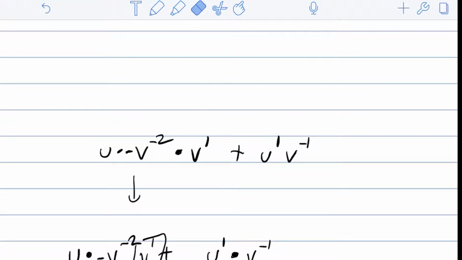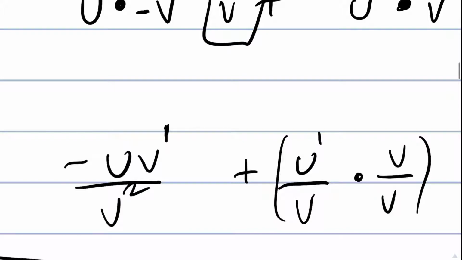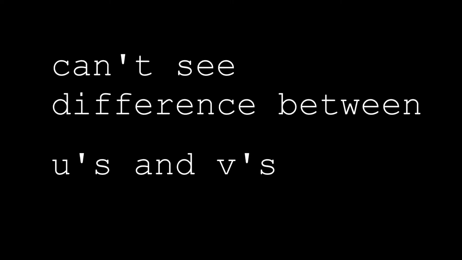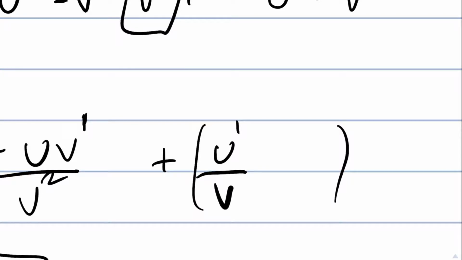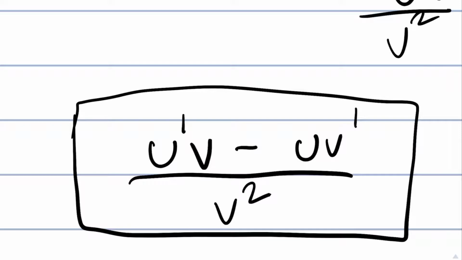And we can simplify this, and we get negative u v prime over v squared plus u prime over v, and if we multiply this by v over v, then we get this right here: u prime v minus u v prime over v squared.